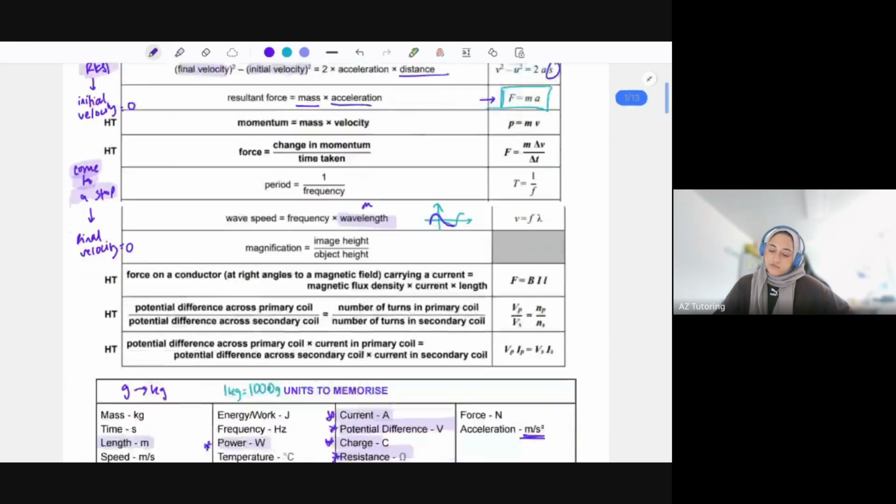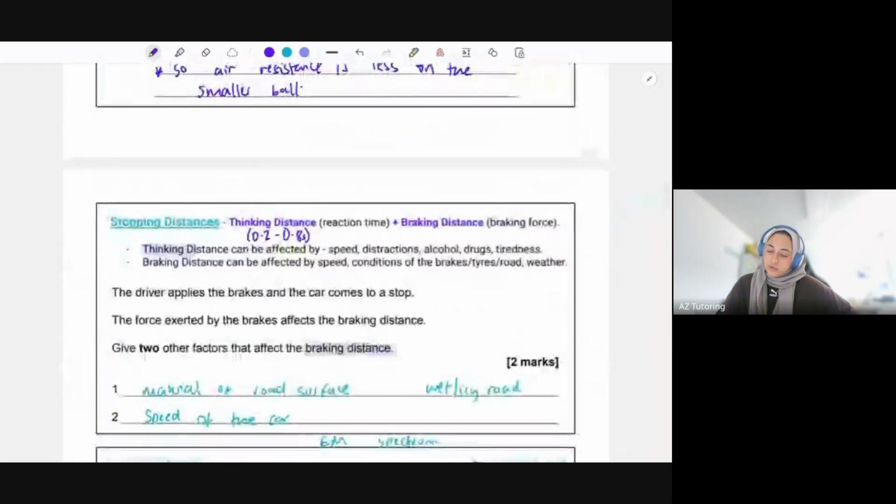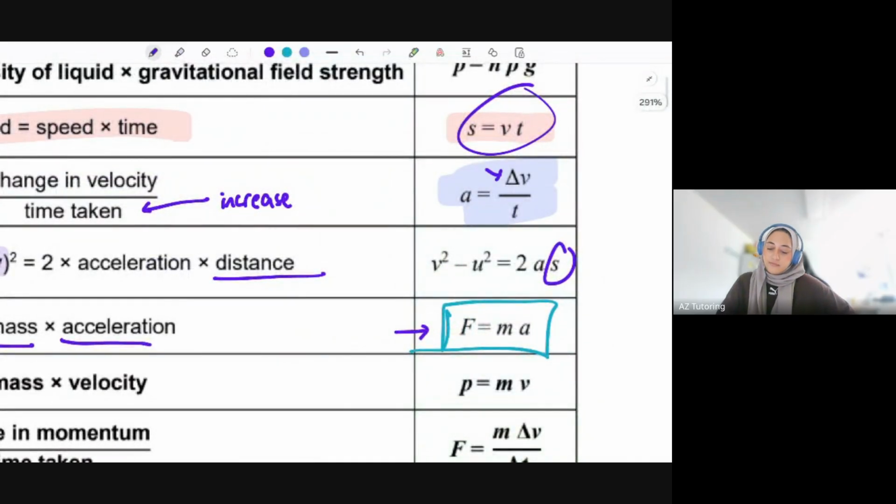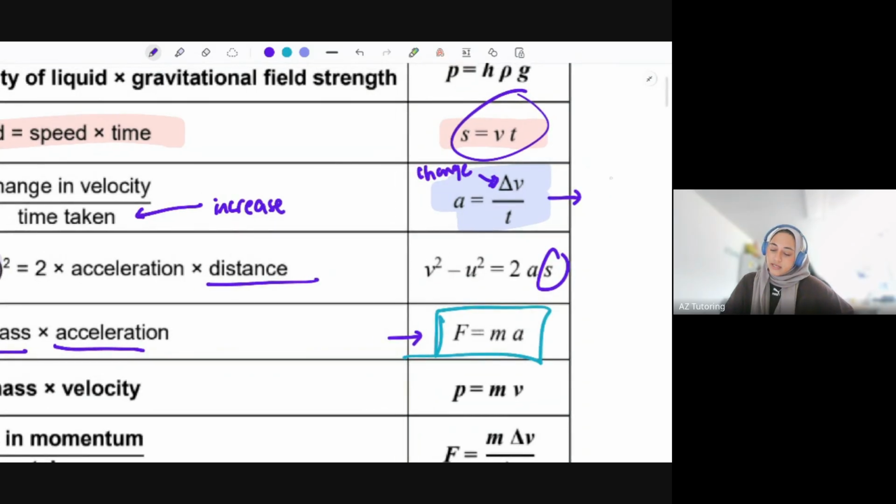So change in velocity. Actually, one more thing to mention there as well. Remember that delta, the triangle sign, means change. So the way you work that out, you might be used to seeing it as acceleration equals v minus u divided by t.